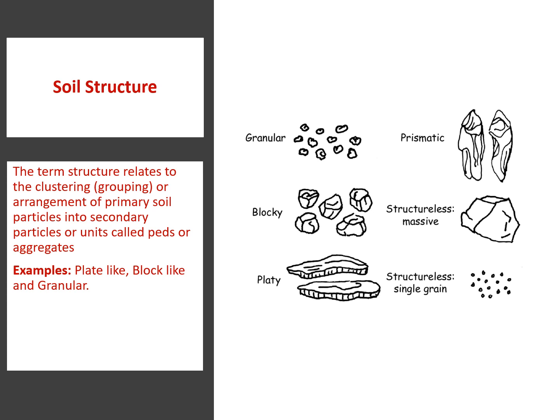peds or aggregates. It means that the soil is generally not in singular form. Each soil particle is not separate. They are just grouped together to form a secondary particle. So that is called peds, or we also say aggregates.